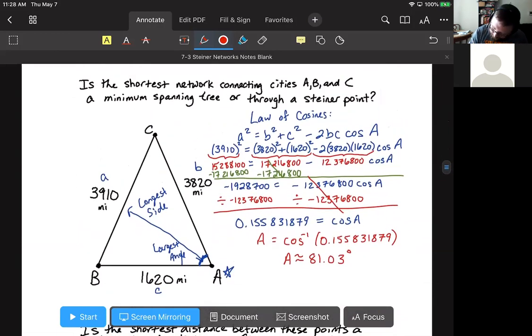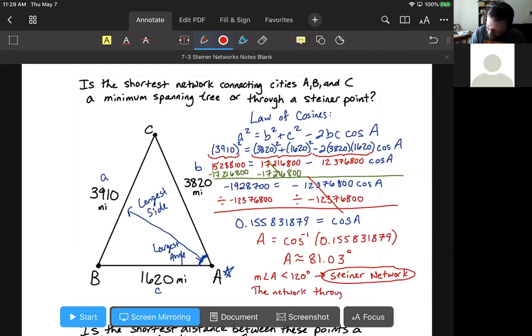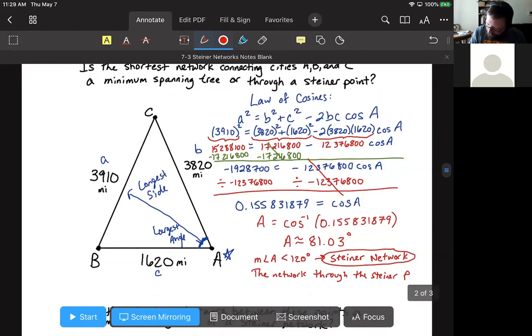So since the measure of angle A is less than 120 degrees, that means the shortest distance between these 3 points is the Steiner network, which is the network that passes through that Steiner point.